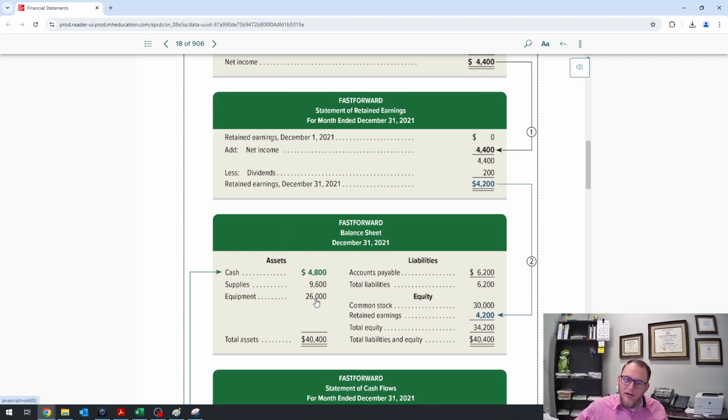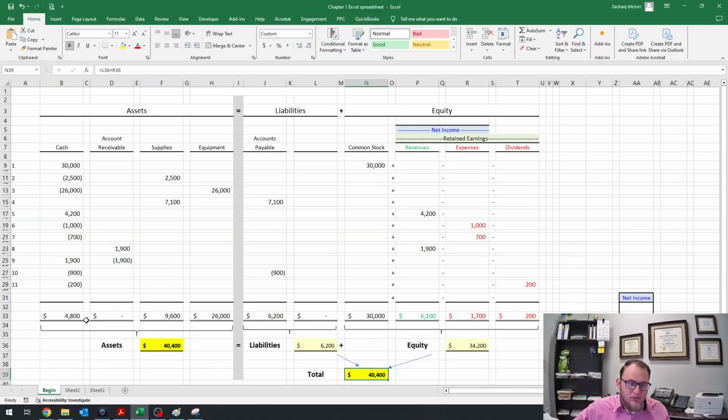So let's start over here on cash. So we start with all of our assets. And typically cash is always the first item that is reported. And so our cash here is $4,800, which is exactly what we see in our equation. We don't have any accounts receivable, but we have $9,600 of supplies, and we have equipment for $26,000.